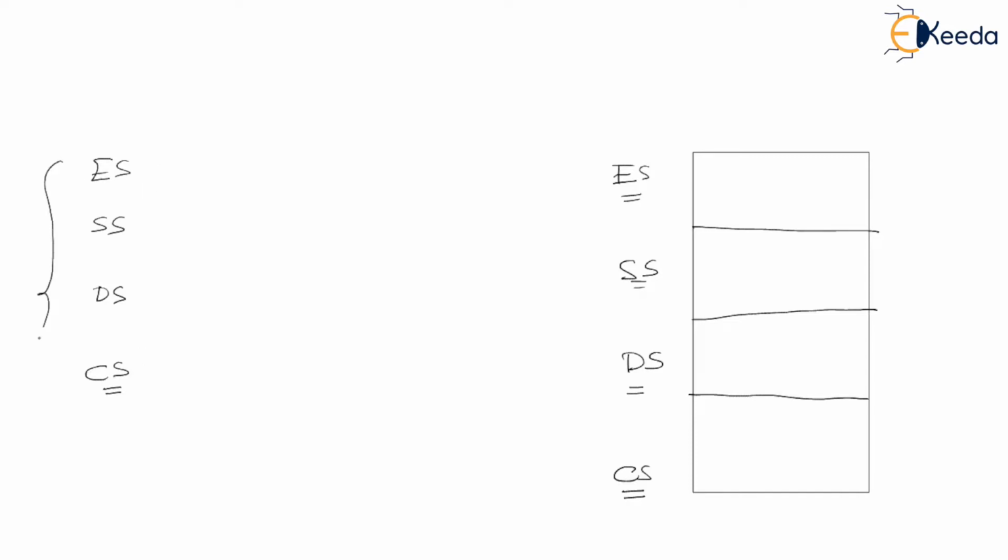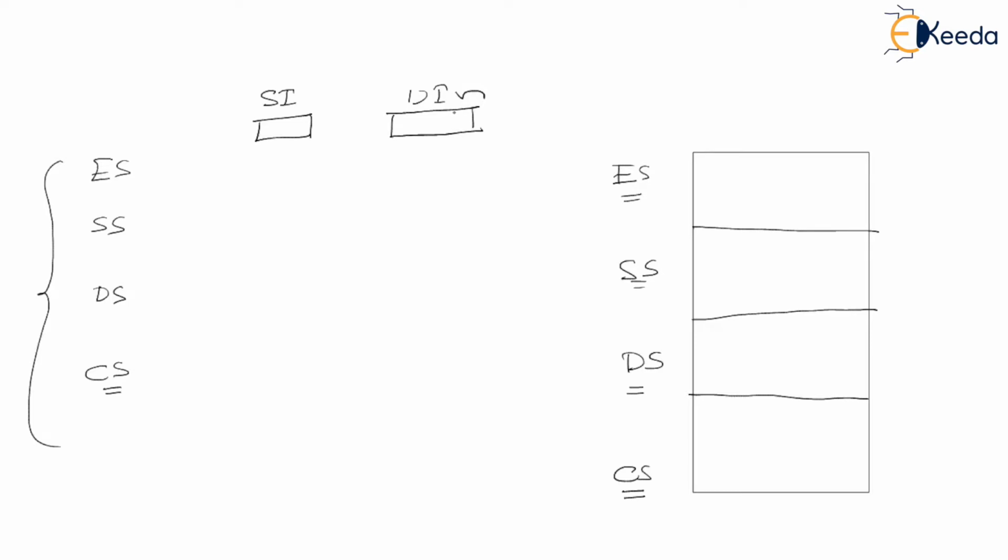In addition to these registers, we have 2 more registers. One is SI and one more is DI, source index and destination index. Let us understand all these registers in order to understand the string addressing mode within the 8086. When you perform a string operation, 2 strings must be compared.